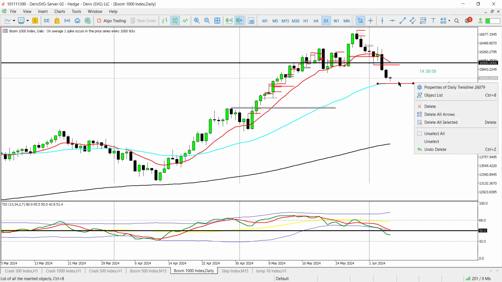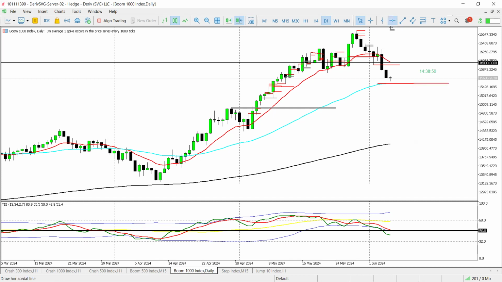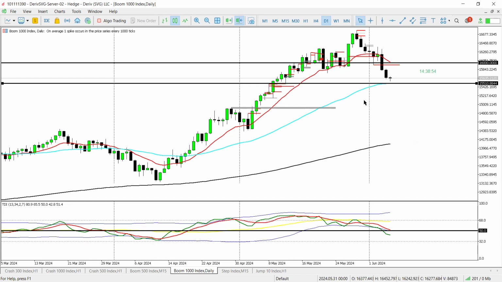So let me just see. Okay, you can see it's lining up with this zone here. If you look to the left, we've got a spike from this day. Then we've got a spike from this day. So for me, that's a significant zone right there. Initially, it was a resistance, broken, retested, then price pushed up.